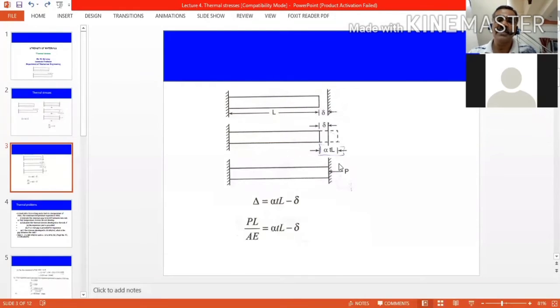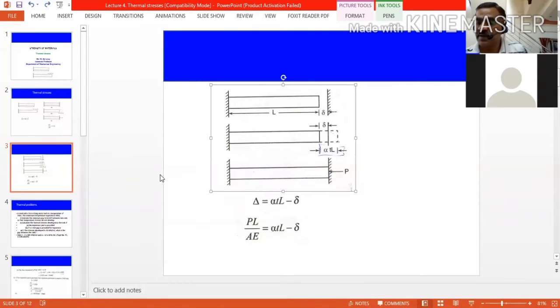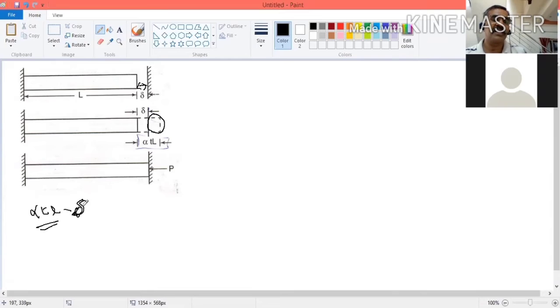In such cases, how much load is required to restrict this? How to calculate? How much deflection is restricted, that you have to calculate. If it is allowed to expand freely, alpha T L is the expected expansion. Out of this, delta is allowed freely, so this minus delta will be the amount.